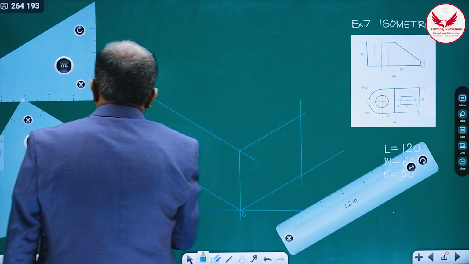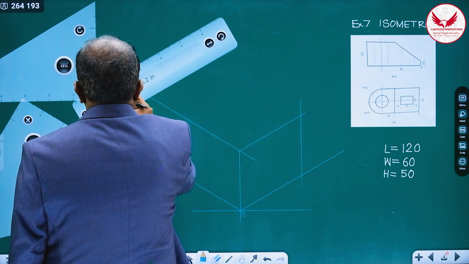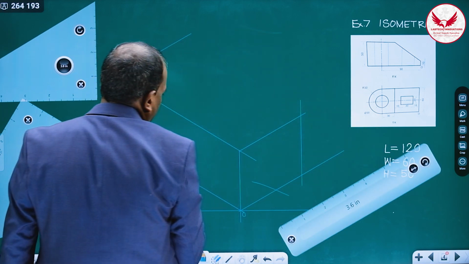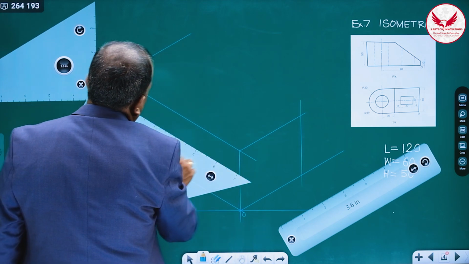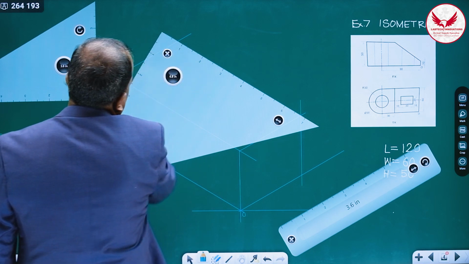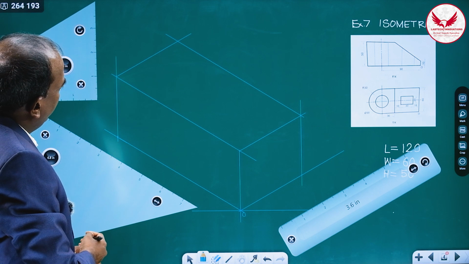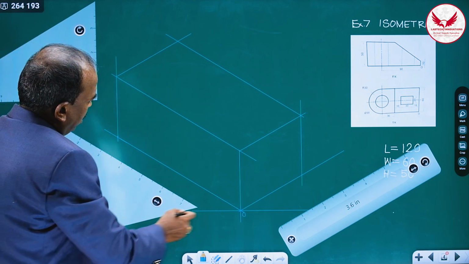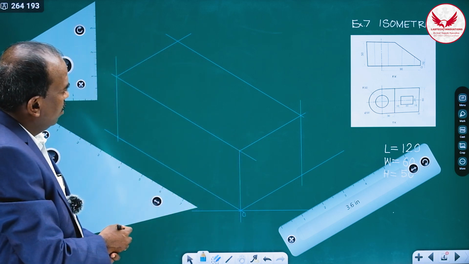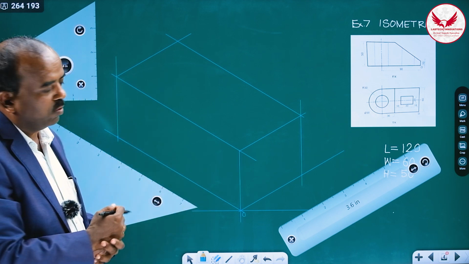Wherever these two lines intersect, we can mark a line parallel to width like this, and a line parallel to length in this way. So it is the isometric box having length 120, width 60 and height 50. Once we get this isometric box, our object will be inside this box only.